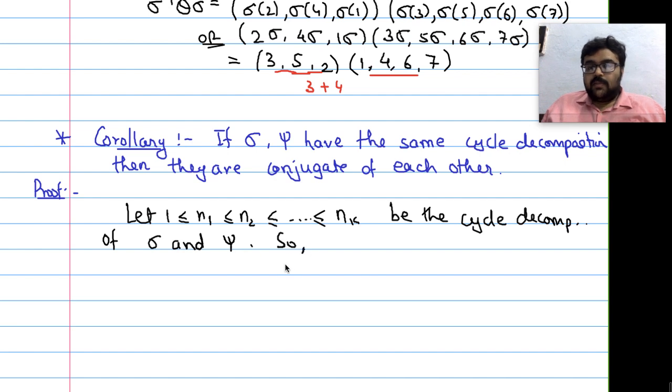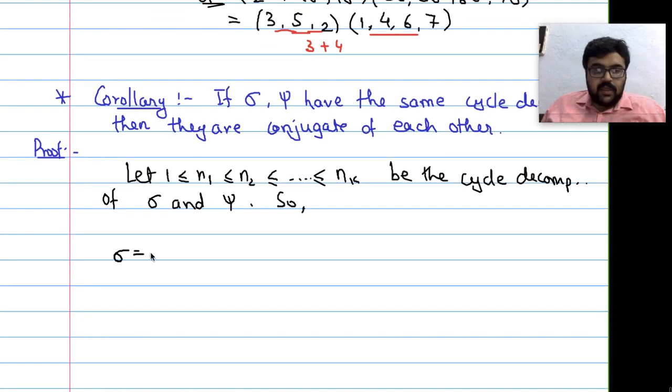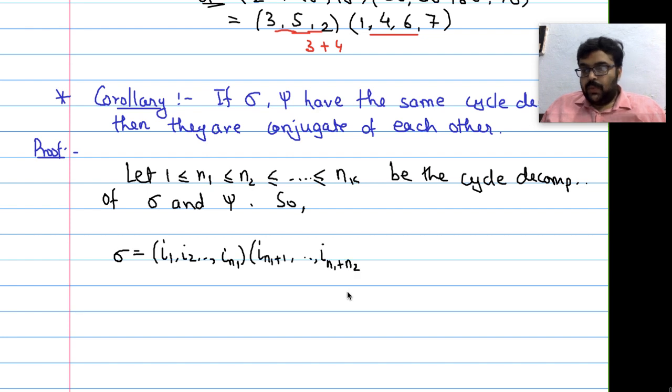So we can write sigma and psi as follows. Suppose sigma has cycle decomposition, so the first integer is n1, that means sigma has a cycle of length n1, so we can write i1 i2 up to i n1, right? And the second integer is n2, so that means it has a second cycle of length n2. So here we have i n1 plus 1 and so on up to i n1 plus n2, starting from 1 up to n2.